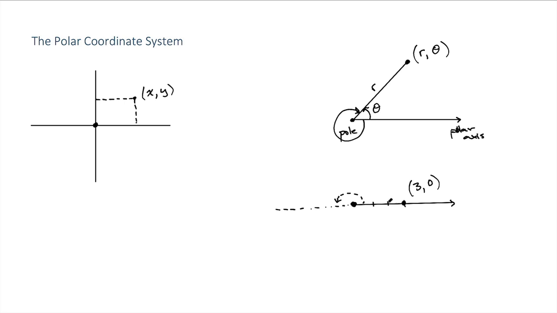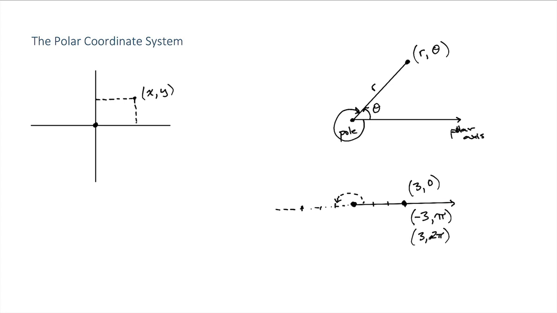A distance of 1, 2, 3 out here is at an angle of pi. But if I then go in the opposite direction, that's a negative 3, since r being a negative number goes in the opposite direction from the pole, at an angle of pi. So this point can be represented as (3, 0) or (-3, pi). It could also be represented as (3, 2pi). So you can see there are an infinite number of ways to represent a point in the polar plane.